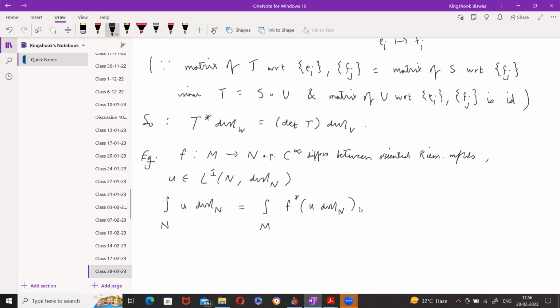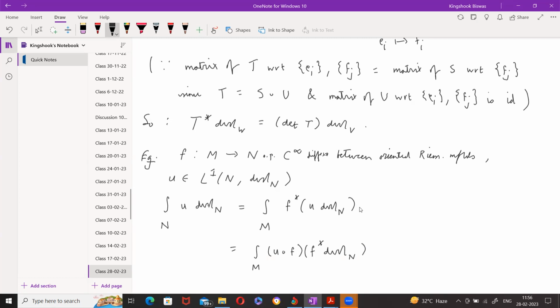Now the pullback of this form is you pull back the function and you pull back the volume form. So this will be the integral over M, where the pullback of the function is just the composition u composed F, and then you have F star of dvol_N.